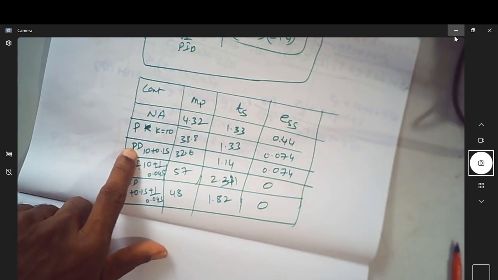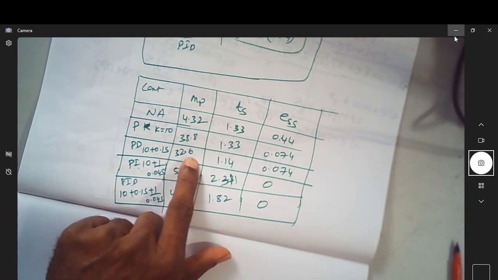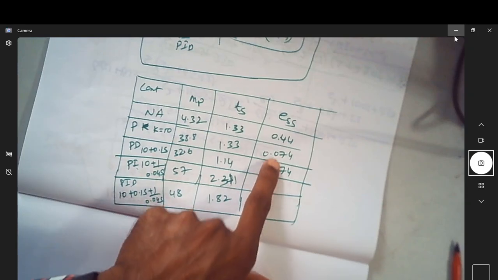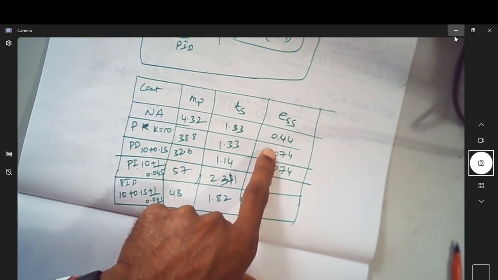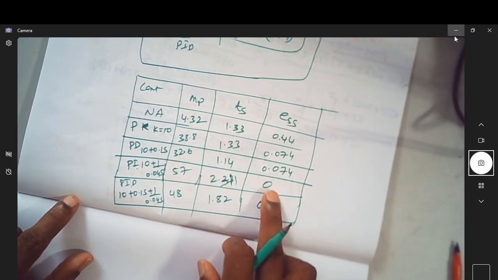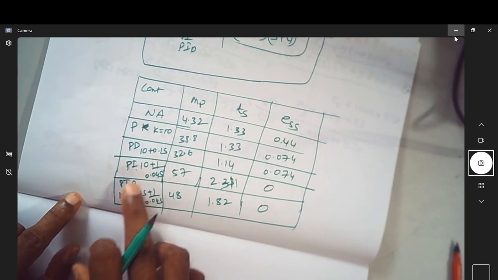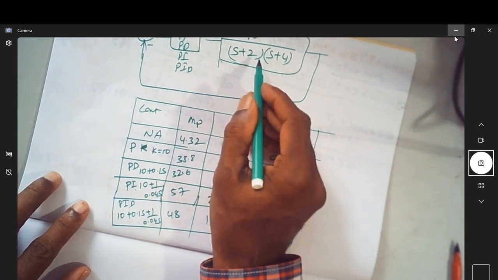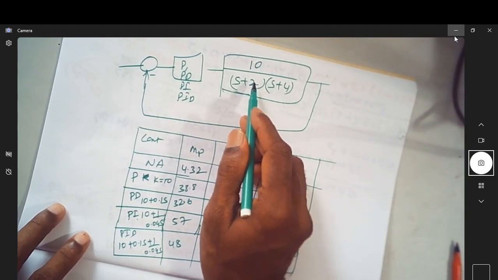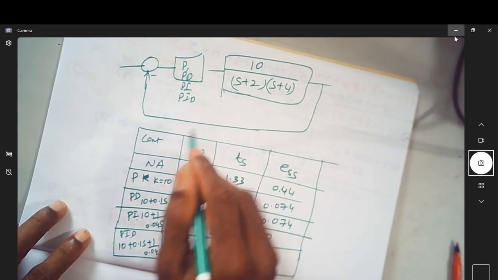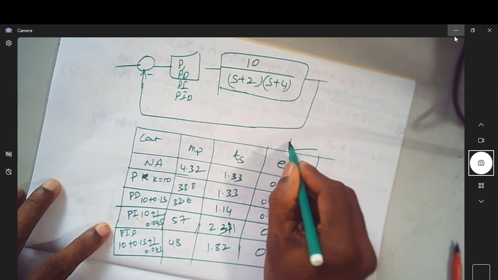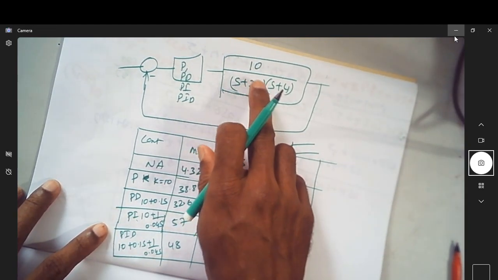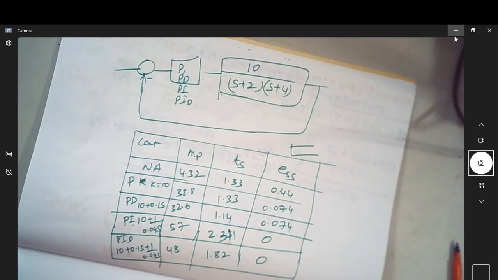The PD controller has the advantage of reduced overshoot and reduced settling time, and the same ESS. But here ESS is 0 for the PI or PID controller. Of course, I'm very specifically saying this is for a type 0 system, and we are considering ESS for a step input. If the input is different or the type of the system is different, all these things will change.